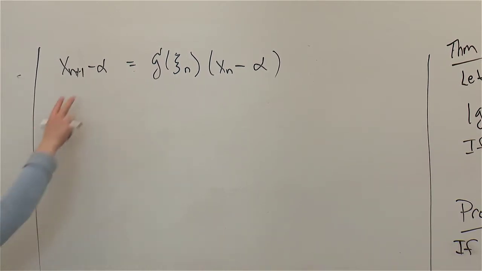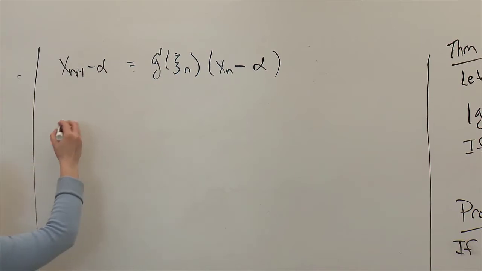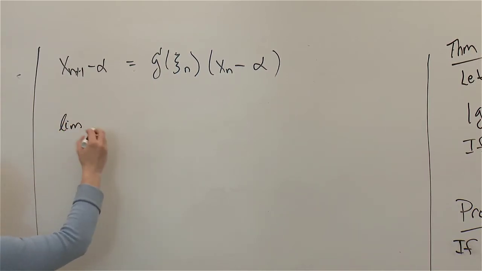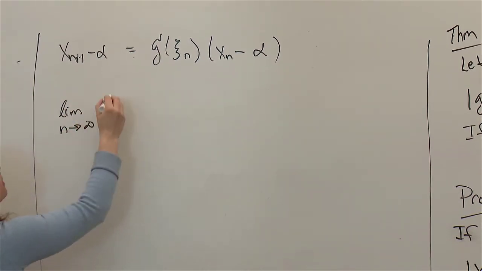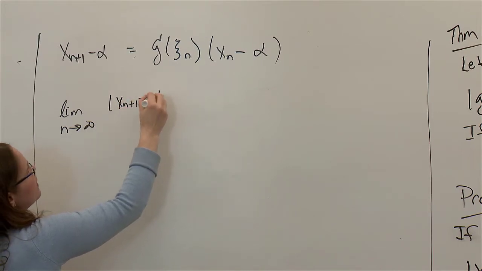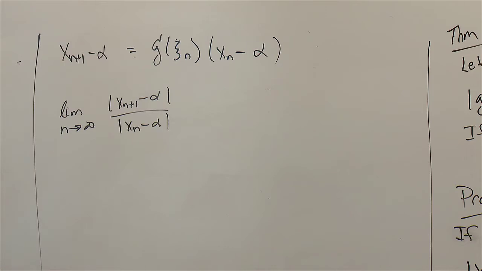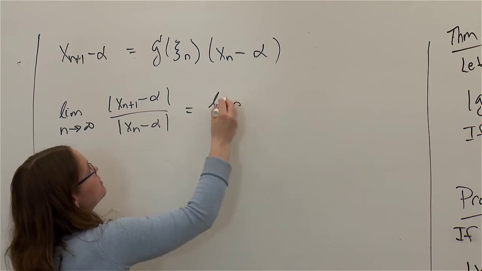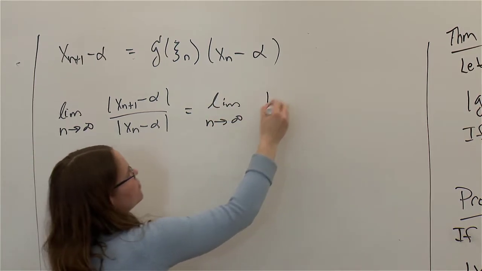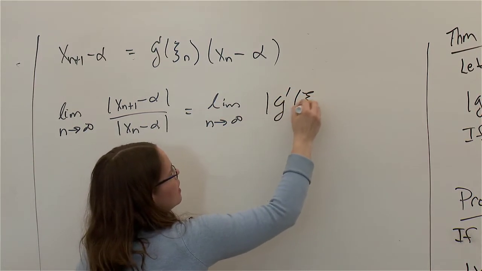And what we need is the ratio of these two things. So the limit as n goes to infinity of (x_{n+1} minus alpha) over (x_n minus alpha), which is the limit as n goes to infinity of G prime at c_n.